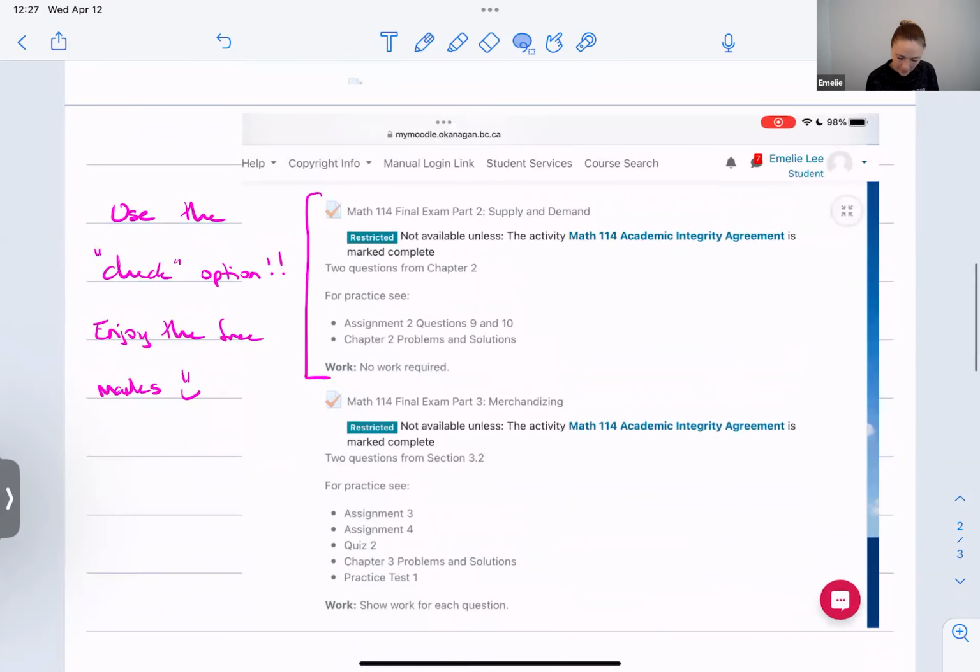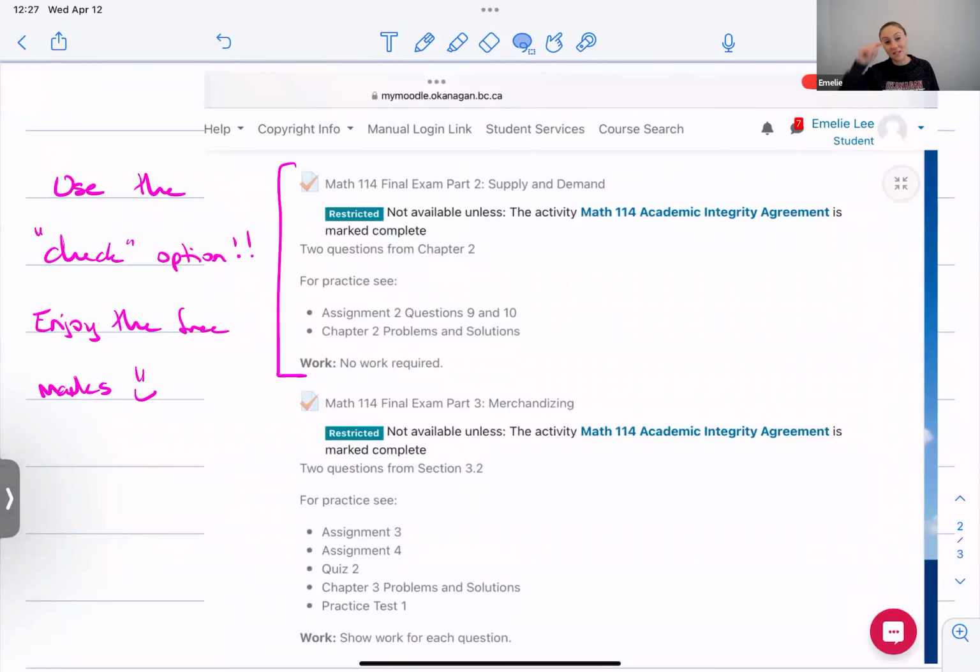There we go. Might be nice to start with part 2, I don't know. Or maybe it's too scary. There is a note at the top telling you to use the check option, confessing we didn't do it in class. I just can't believe I didn't flip through it earlier. Oh well.